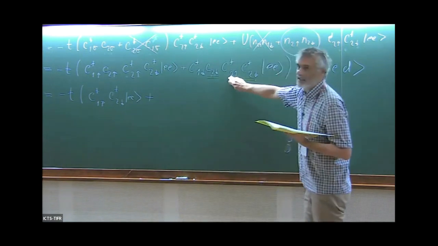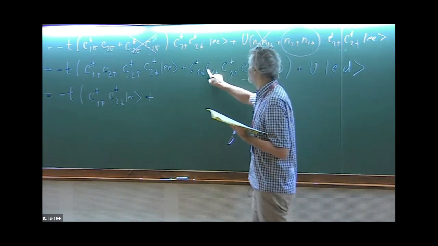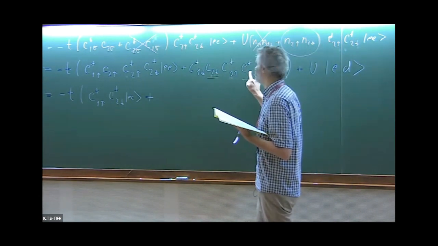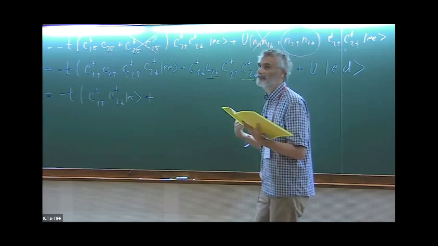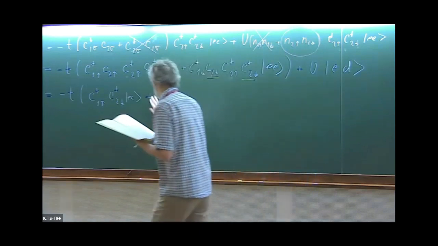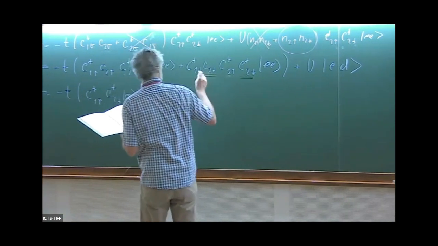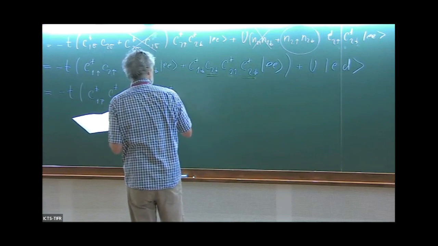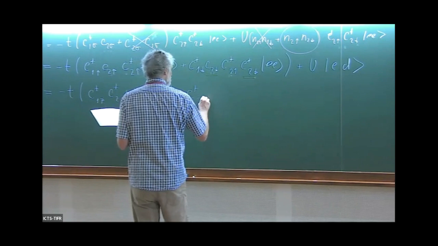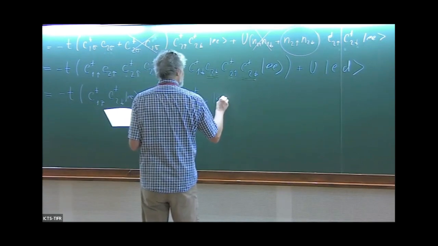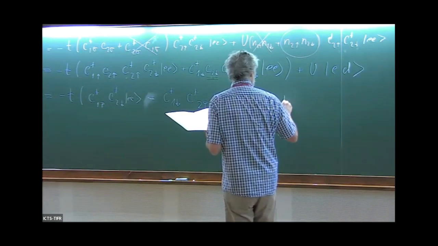There is another fermionic operator in between them. So if I move this annihilation operator next to the creation operator, I will cross the C dagger and it will give us a minus sign. So I need to change this plus to minus. And I shall write C dagger 1 down, C dagger 2 up, acting on empty empty, plus U times empty double.